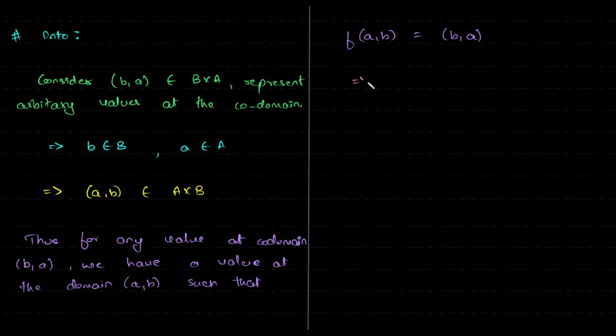And so from this I can tell f of A comma B is onto. And finally the whole f of A comma B is bijective.